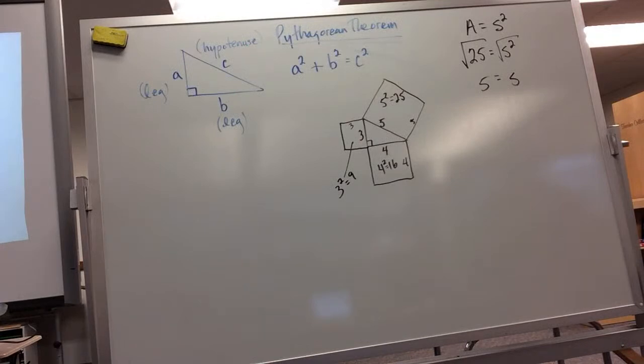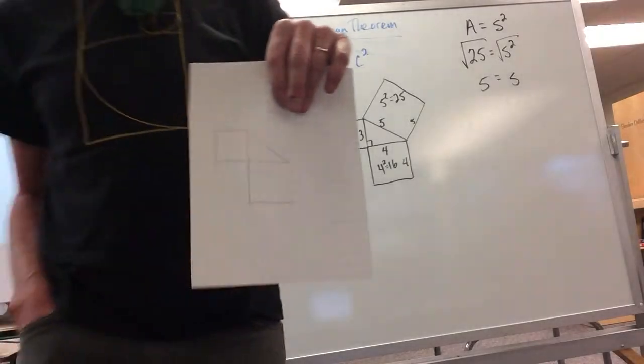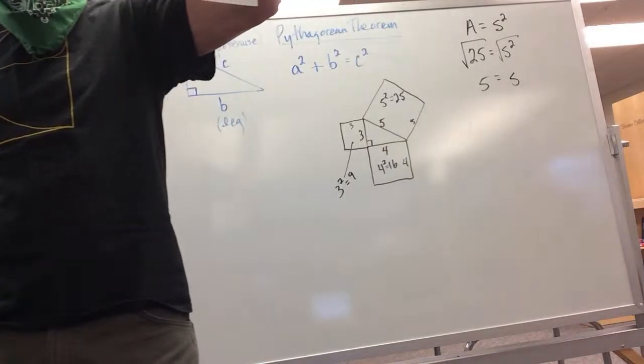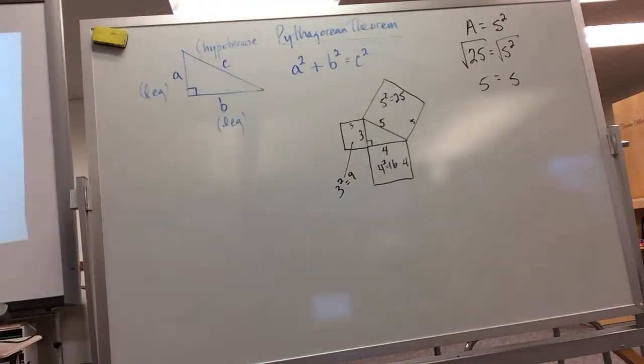Yeah, exactly. So you need a 3 by 3, 4 by 4, and a 5 by 5 square. You see what Lucia's doing here? She just took a fresh piece of graph paper and she put her 3x4 right triangle and then just used the grid paper to square off a 3x3 and a 4x4.